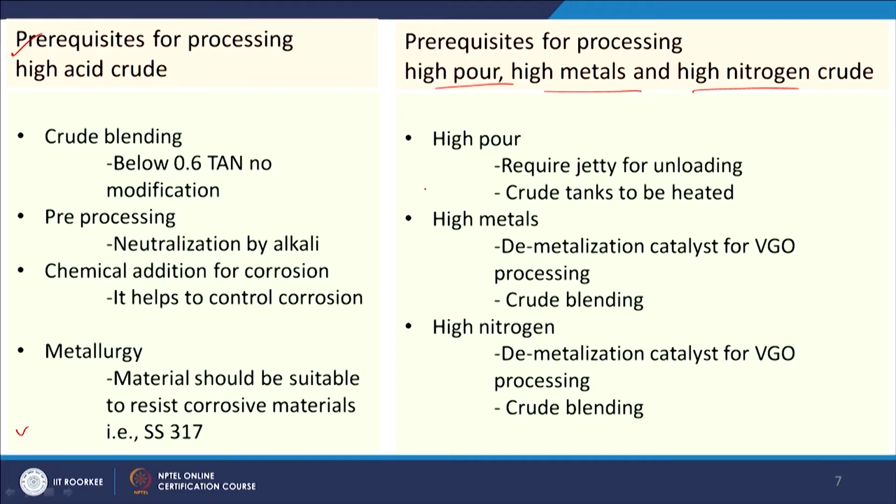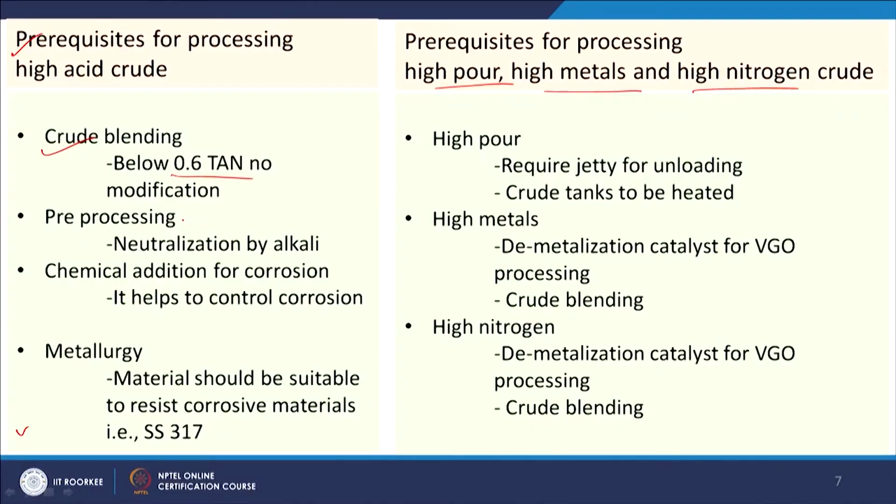So, for the first case, when the TAN, total acid number, is high, in that case we need crude blending, but if the TAN is 0.6 or less, then no modification is needed, otherwise there should be some blending options and then it can be processed.